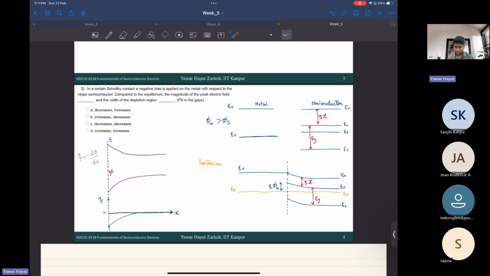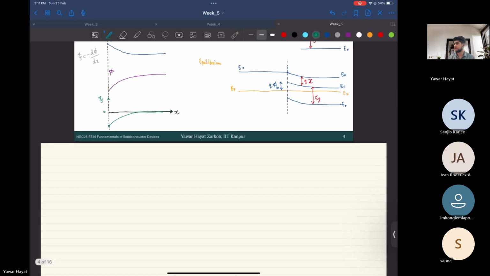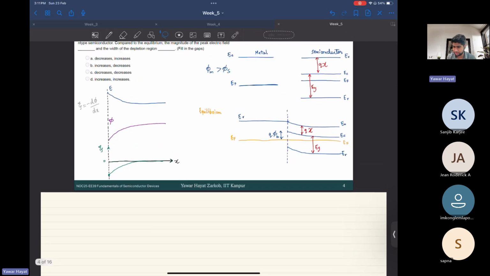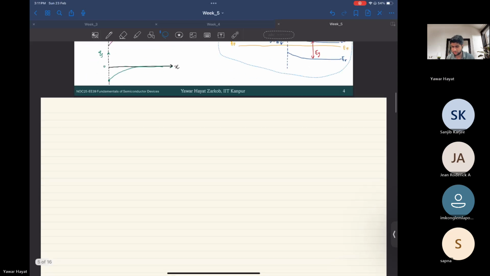If you apply negative bias to the metal with respect to the n-type semiconductor, that is as if you apply a positive bias at the n-type semiconductor. So let's do that. We copy this.